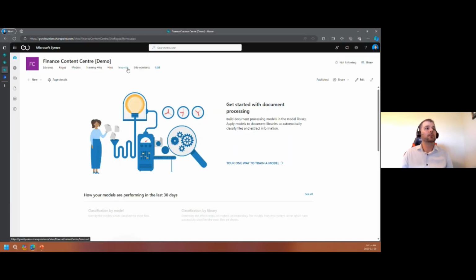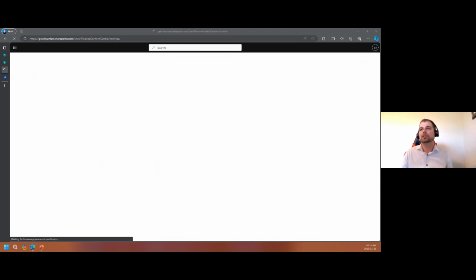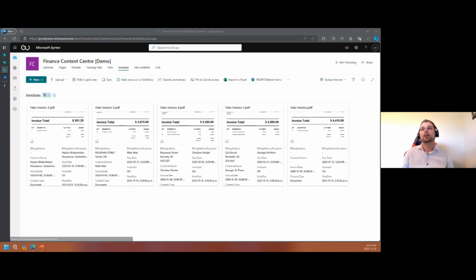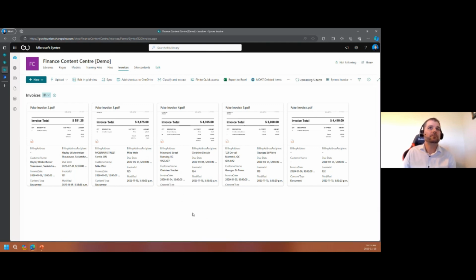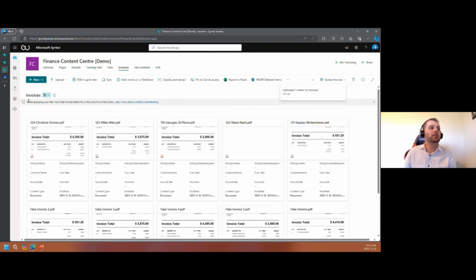So real quickly, I have an invoices solution here. I have some old ones that I dropped in, but we can drop some new ones in, and it's going to start processing this. Intelligent document processing is extracting that metadata for us. All these new files that I've dropped in are starting to process.